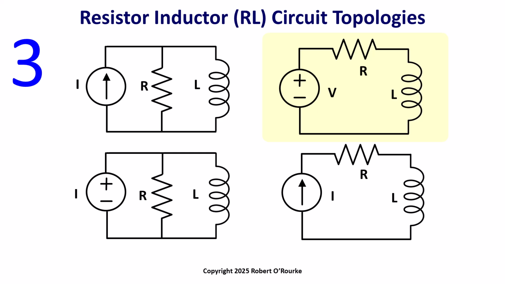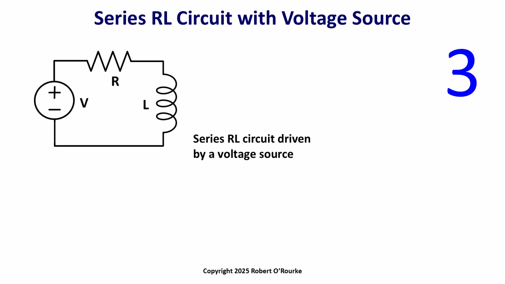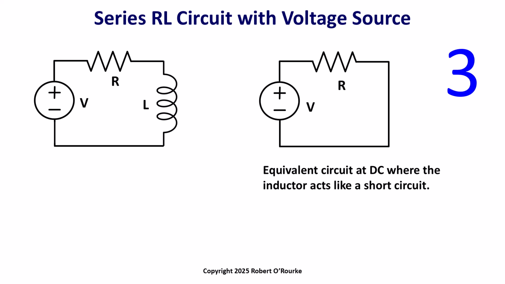Now we have the third of the four RL topologies to analyze: a series RL circuit driven by a voltage source. The inductor acts like a short circuit at DC, effectively removing the inductor from the DC circuit.